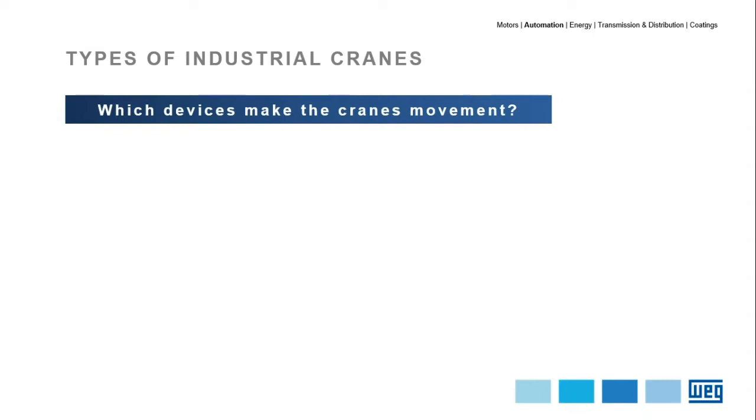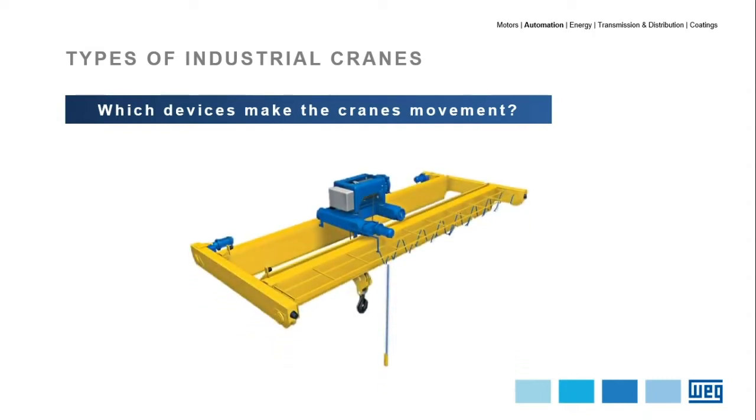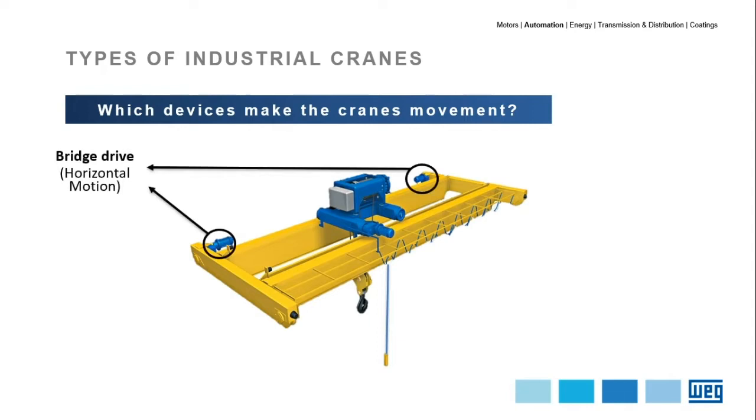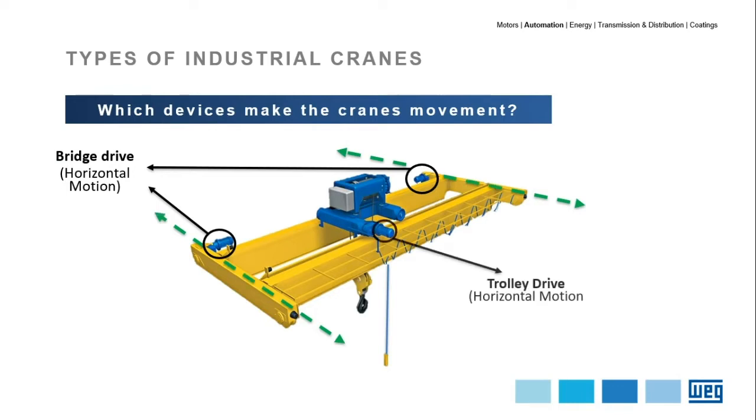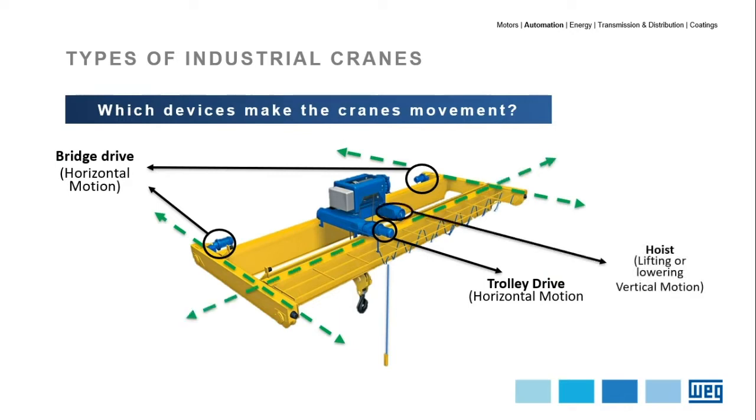Which device makes the crane movement? Bridge drive, determined as a horizontal motion. Trolley drive, also horizontal motion. And the hoist, used for lifting or lowering the load, determined as vertical motion.